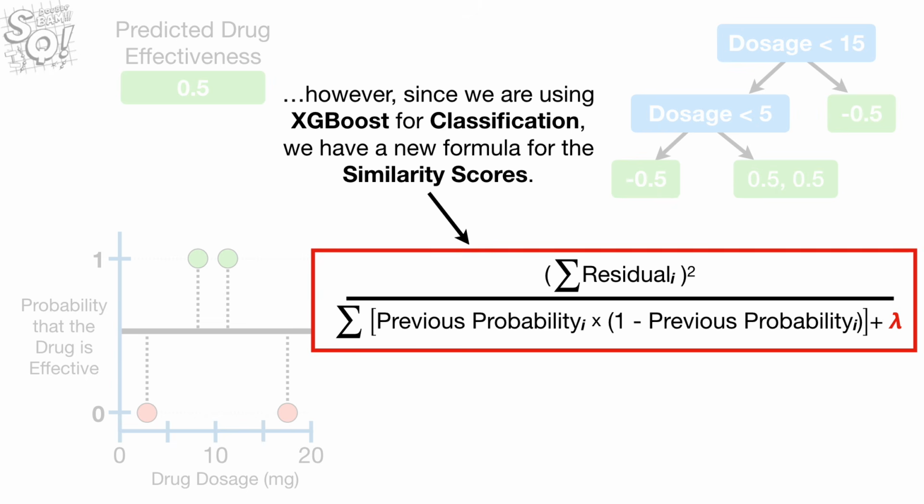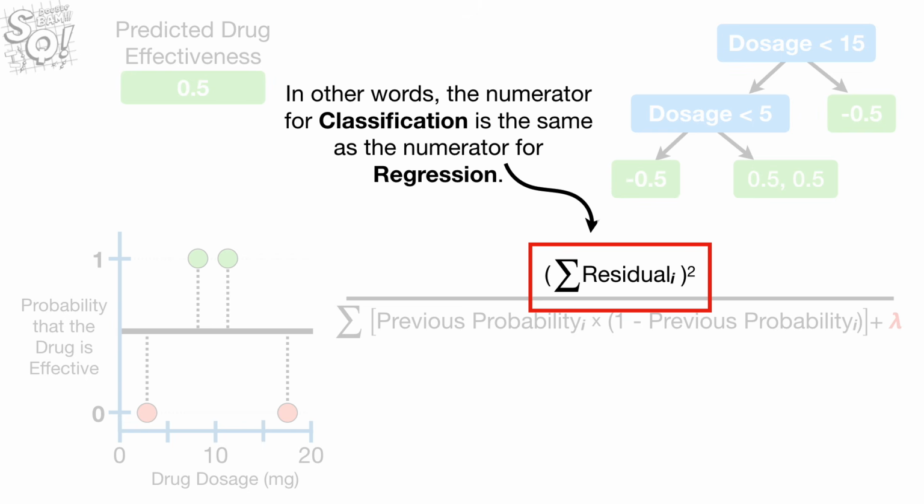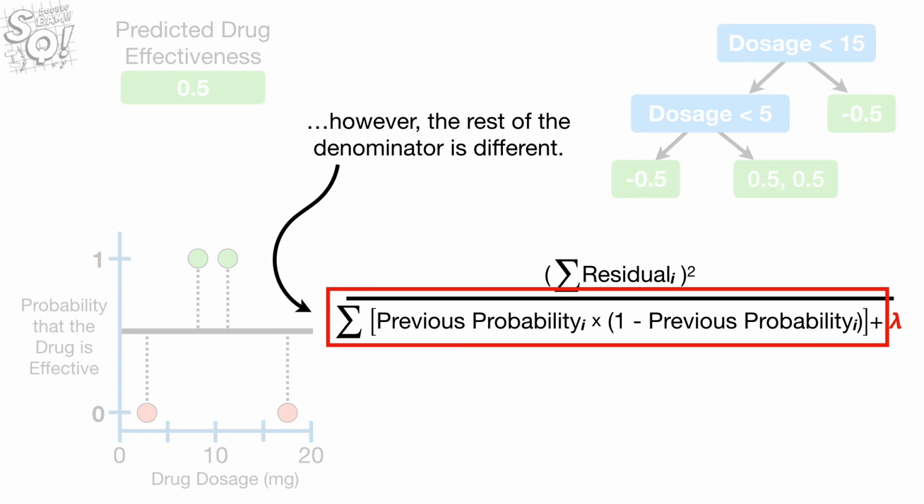However, since we are using XGBoost for classification, we have a new formula for the Similarity Scores. Note: even though the numerator looks fancy, it's just the sum of the residuals squared. In other words, the numerator for classification is the same as the numerator for regression. And just like for regression, the denominator contains lambda, the regularization parameter. However, the rest of the denominator is different.